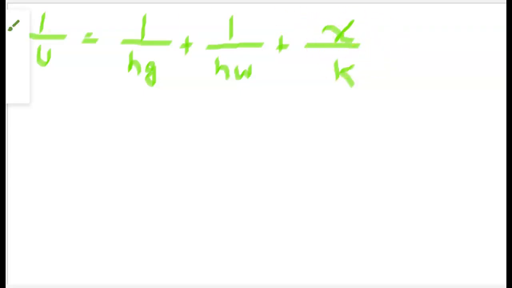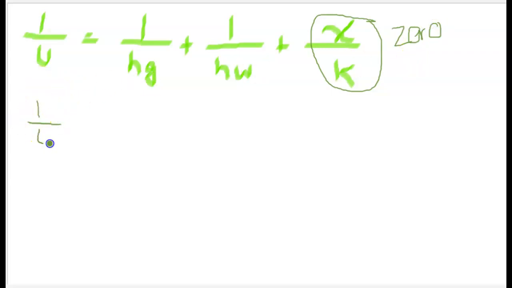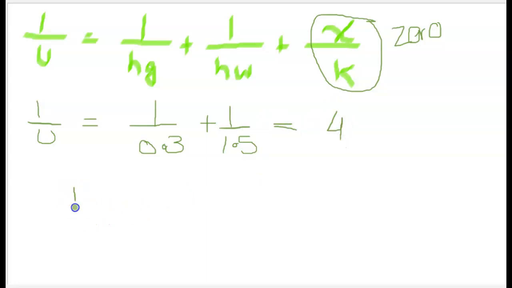If it's a thin wall, this term becomes 0. Now I put in the values. The value for this one is 0.3, and the value for this one is 1.5. If I put that in the calculator, I get 4. So 1 over U is 4, which means U is going to be 0.25.